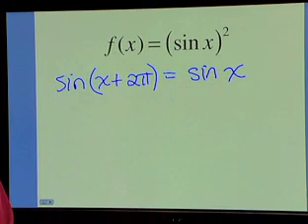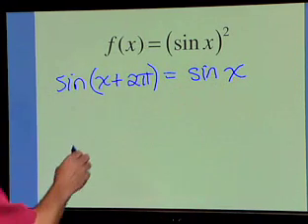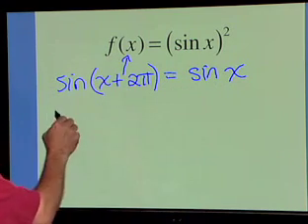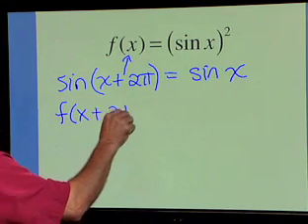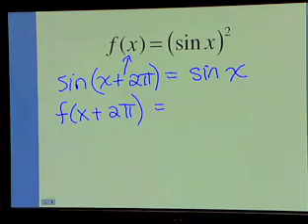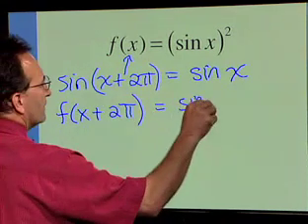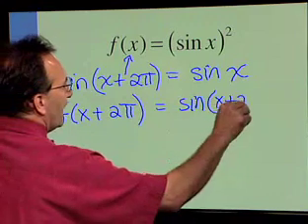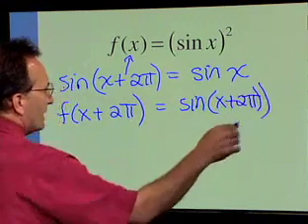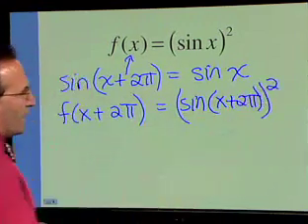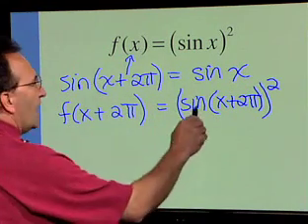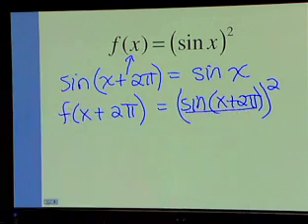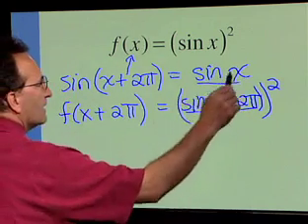Now we can plug x + 2 pi into f(x). So f(x + 2 pi) is equal to (sin(x + 2 pi))². However, we've already said that sin(x + 2 pi) is equal to sin x.